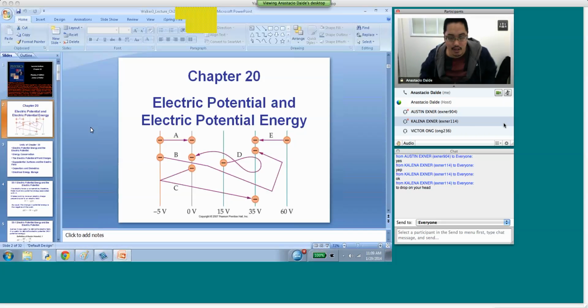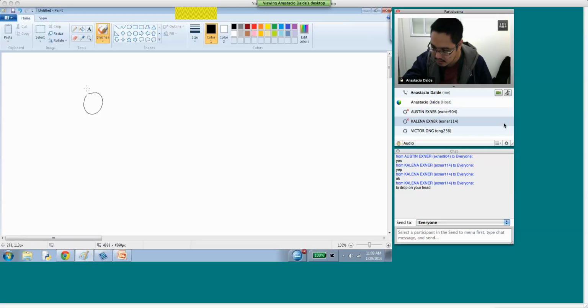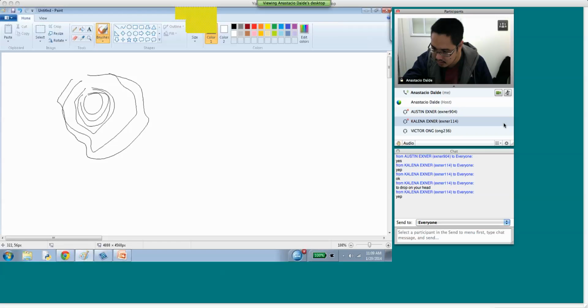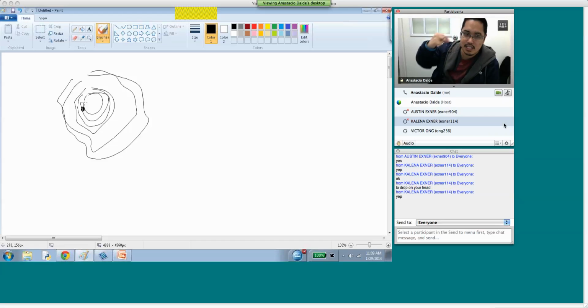Exactly. Good. Very good. Now, going back to that, remember that I was showing you guys about the contour maps? And we had a map that kind of looked like this. Yeah. And we were saying, okay, well, now here's the contour of some kind of cliff or something like that. And if I were to put a tire right here, but say I didn't move it, I'm just holding the tire right there.